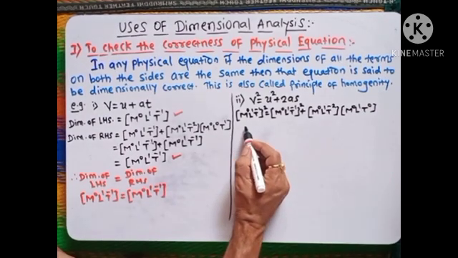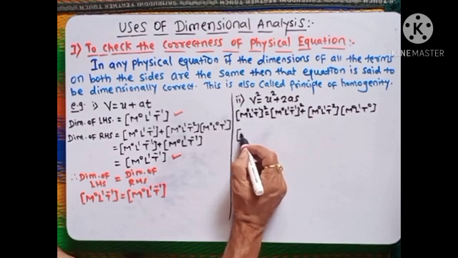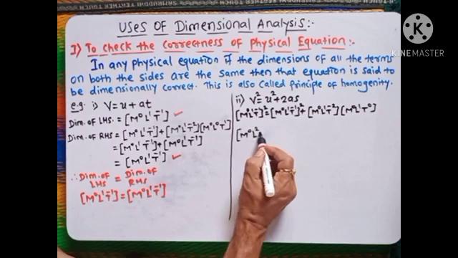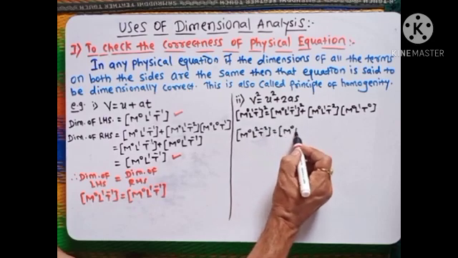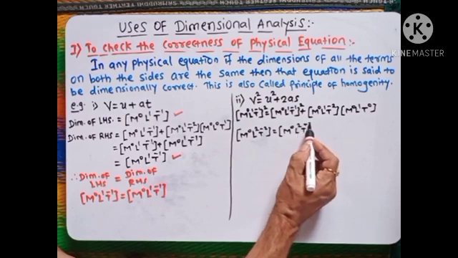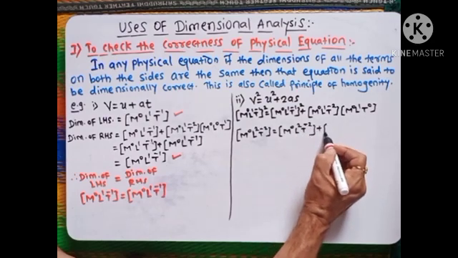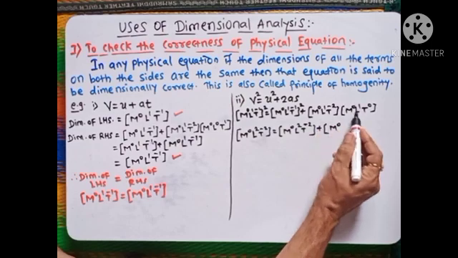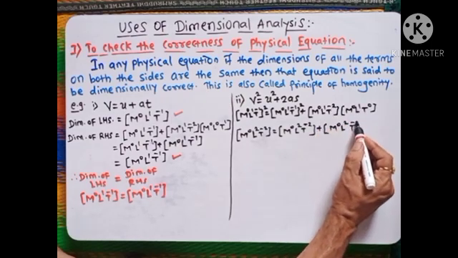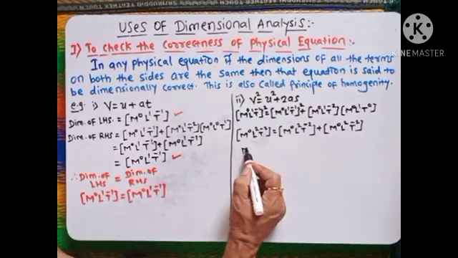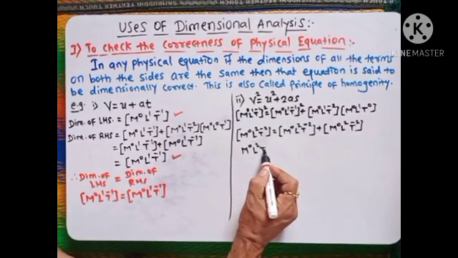That means M0 L2 T minus 2 is equal to M0 L2 T minus 2 plus M0 L2 T minus 2.